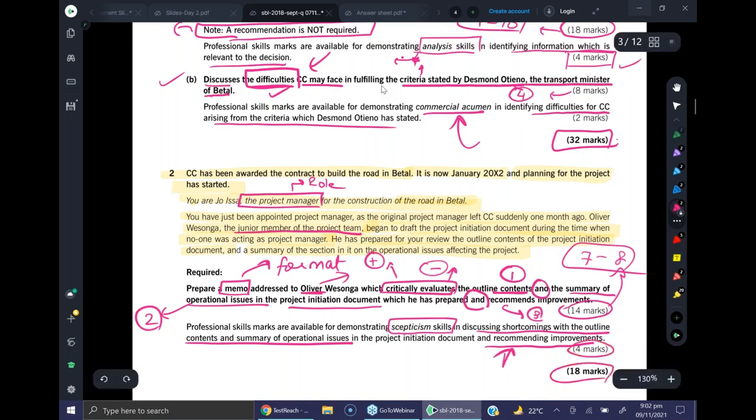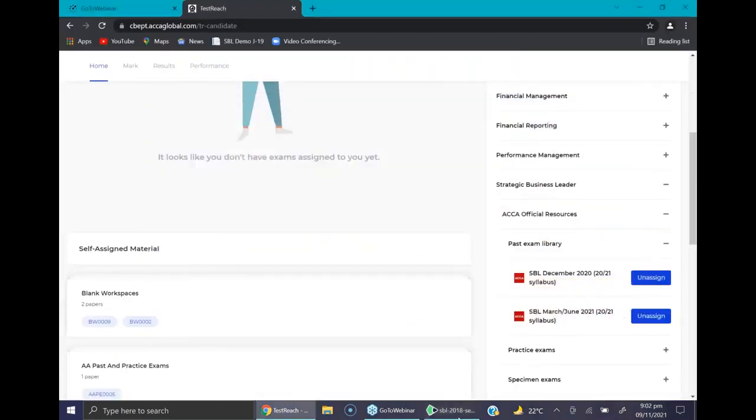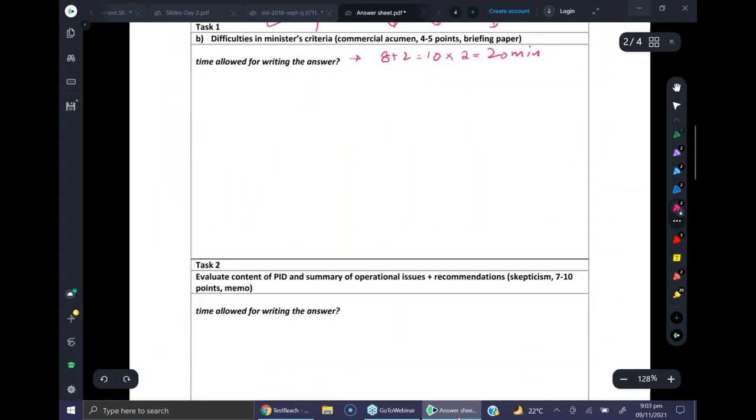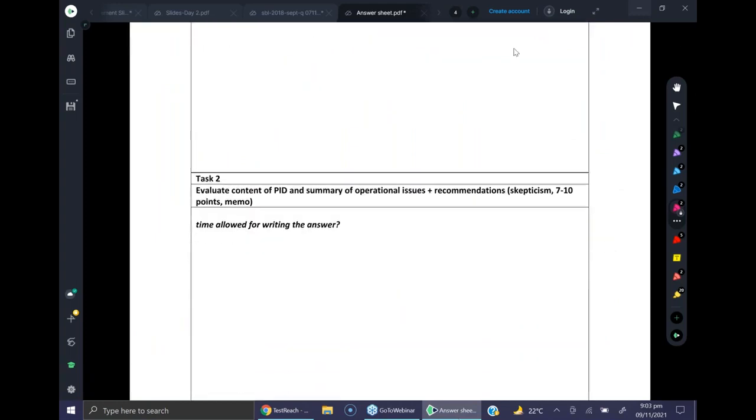So 18 marks are available. Again, if I could show you the summary very quickly for requirement 2. What am I supposed to do here? I'll have to evaluate the content of the PID and the summary of operational issues and recommendations. Skepticism is the skill.